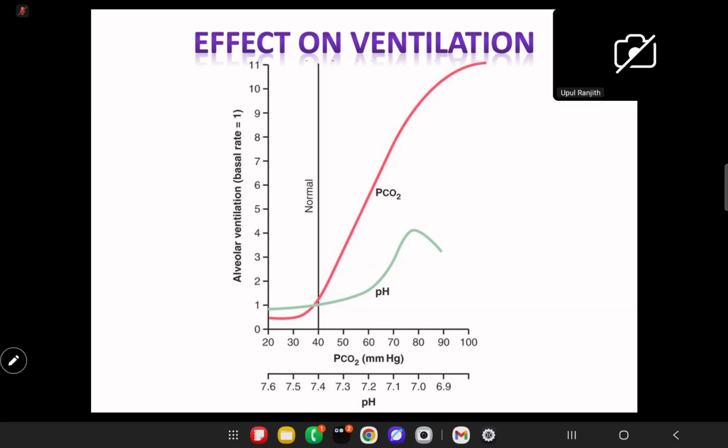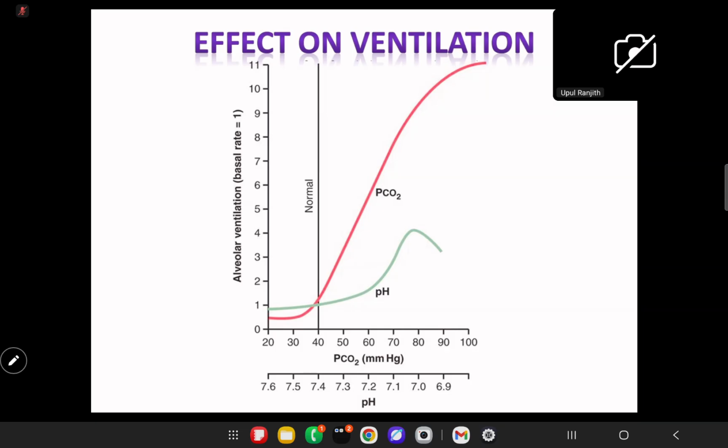From about 30 millimeters of mercury up to about 80 millimeters of mercury, there is a steep rise in alveolar ventilation due to the rise in carbon dioxide. The green line shows how alveolar ventilation increases with pH. Until the pH drops to about 7, there is gradually rising alveolar ventilation, but after that point it starts dropping.